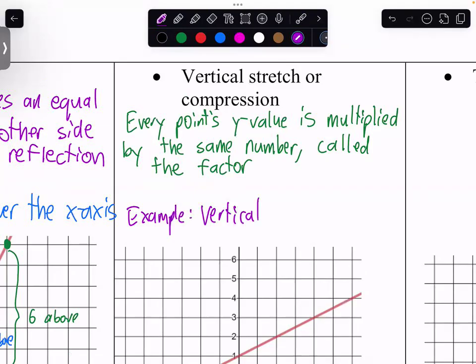Let's do an example of this. Let's do a vertical stretch by a factor of 2.